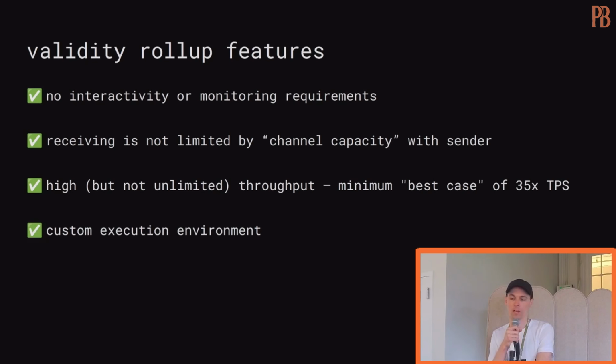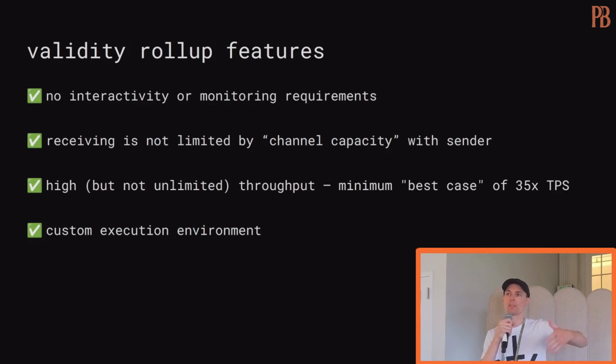You can also have custom execution environments. I think this is really interesting because layer 1 is just accepting a validity proof. That validity proof could be for a generic, what's called a ZKVM, which enables you to have any kind of program on the other side of that.